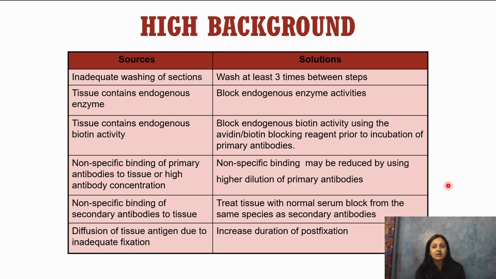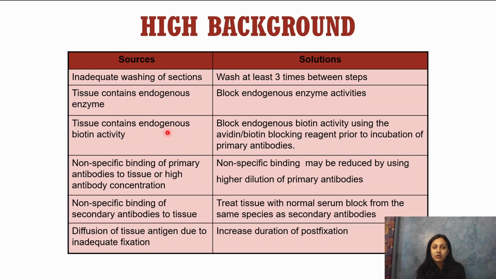And for high background, the reason it occurs is when you have too many antigens and too much happening in the background, making you confused as to whether the product we got is positive for the IHC or not. That can happen because of inadequate washing of sections, tissue containing endogenous enzymes, tissue containing endogenous biotin activity, or non-specific binding of primary antibody.